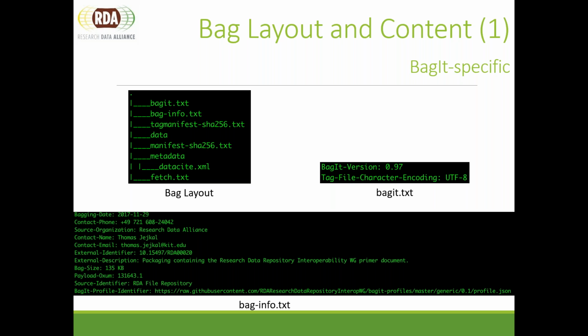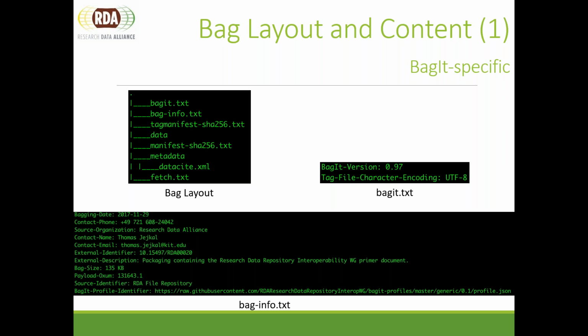So how does such a bag look like? What you see on the upper left side is basically the folder structure of such a bag. You see a couple of text files, the aforementioned DataCite XML file in a specified folder, metadata. And in the following slides, I will go through all the single files and explain what's in there.